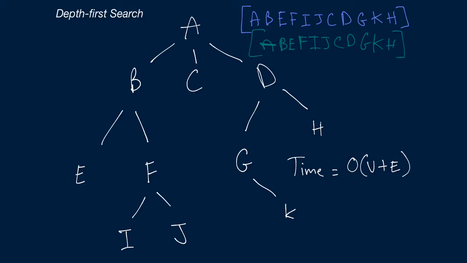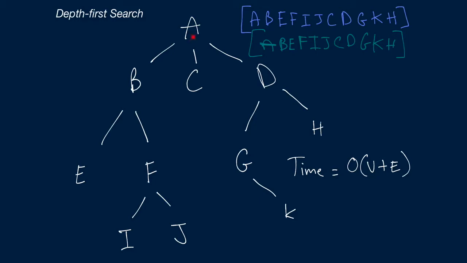But on top of that, at every vertex, we iterate through the children nodes of that vertex, and we call the depth first search function. And when we iterate through those children nodes, we're probably going to be using a for loop. What's the length of that for loop? Well, it's however many children nodes we have, or in other words, how many edges are coming out of the current node.